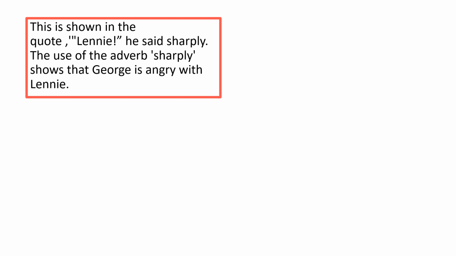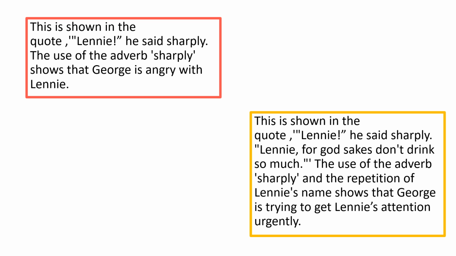We then have a slightly different interpretation. So again, we've got our quotation, slightly extended this time, and it says the use of the adverb sharply and the repetition of Lenny's name shows that George is trying to get Lenny's attention urgently.